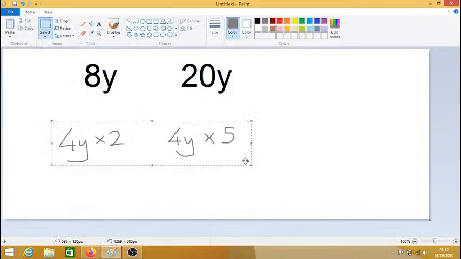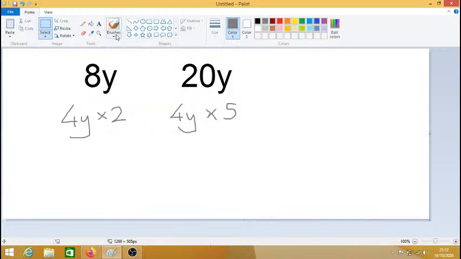And let's imagine there was a plus in between. So then rewriting this question, 8y add 20y, in a nicer way, we'd pull out the 4y, which is the common factor, to the front. Imagine a times sign, which we don't need to write.